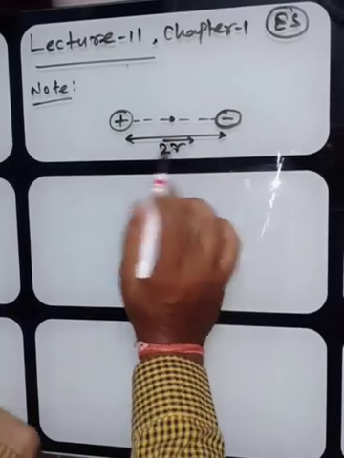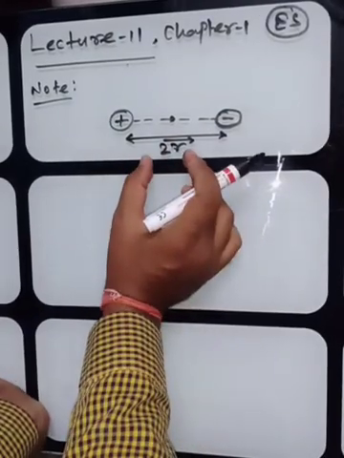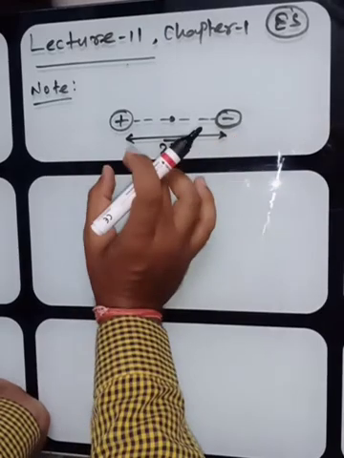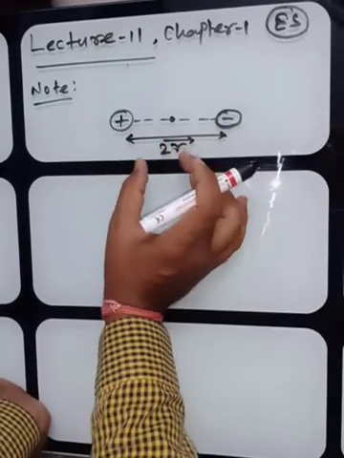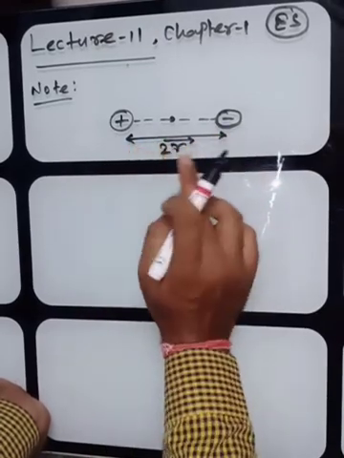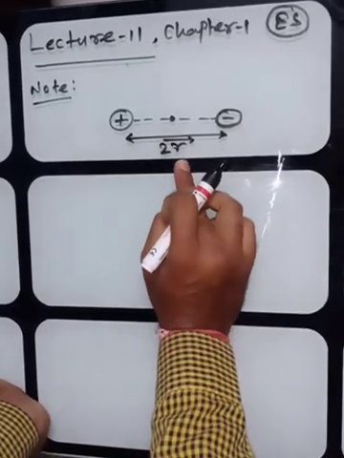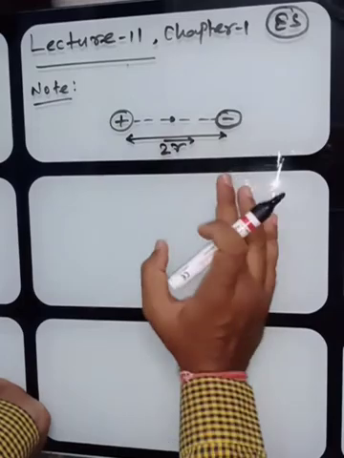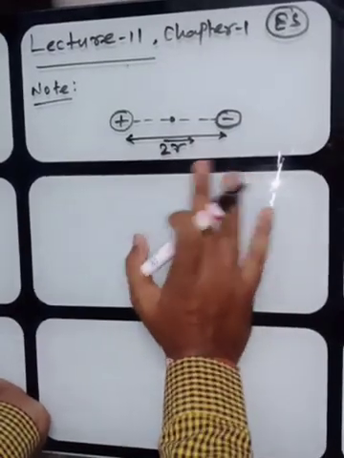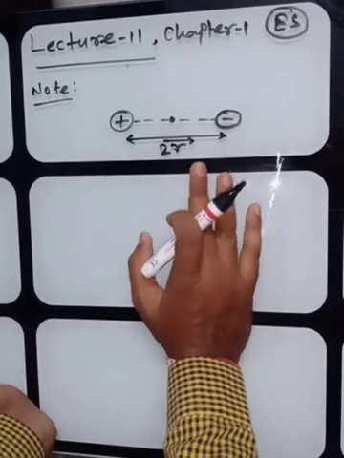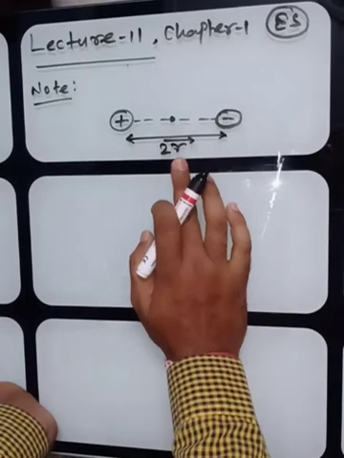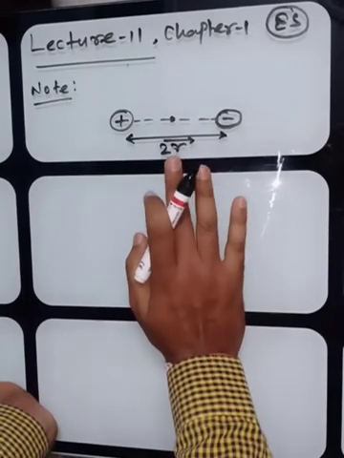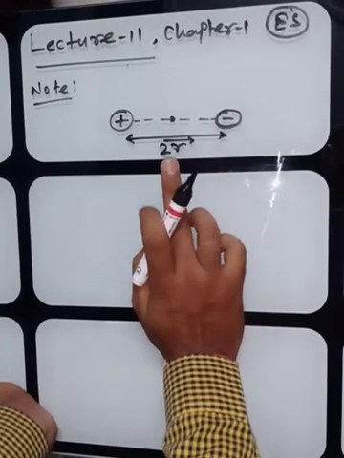Why, sir, are we taking the separation between these two charges as 2R? Is there any very big concept behind this 2R? Actually, the answer is no. There is nothing much to discuss behind this 2R. For simplicity, for easy calculation, we are taking 2R.